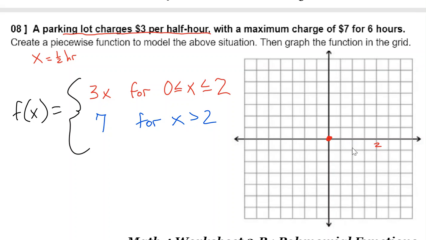So we might need to do it that way after all. 1, 2, 3, 4, 5, 6. We do want to be able to show for 6 hours here. So, and this, maximum charge of $7. Well, that's $1 per stop.